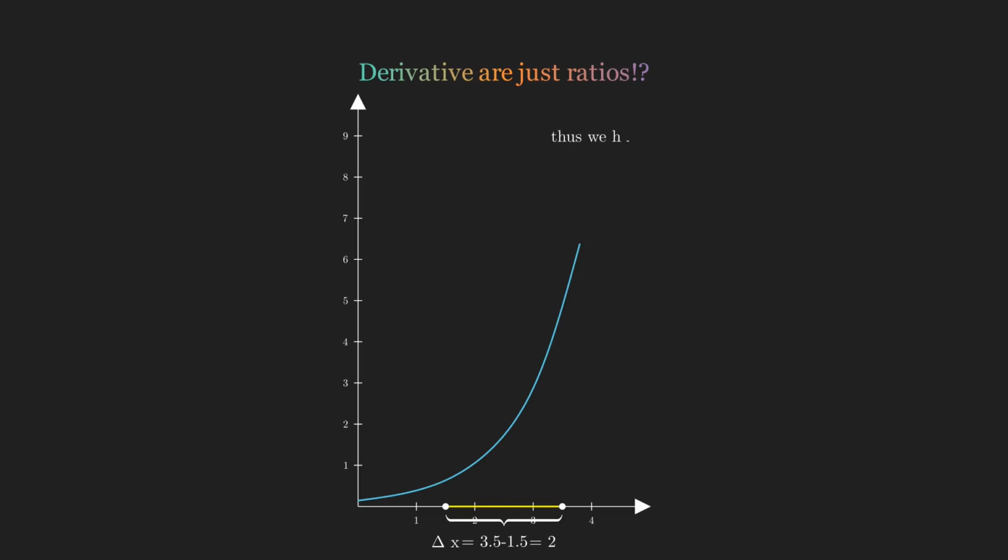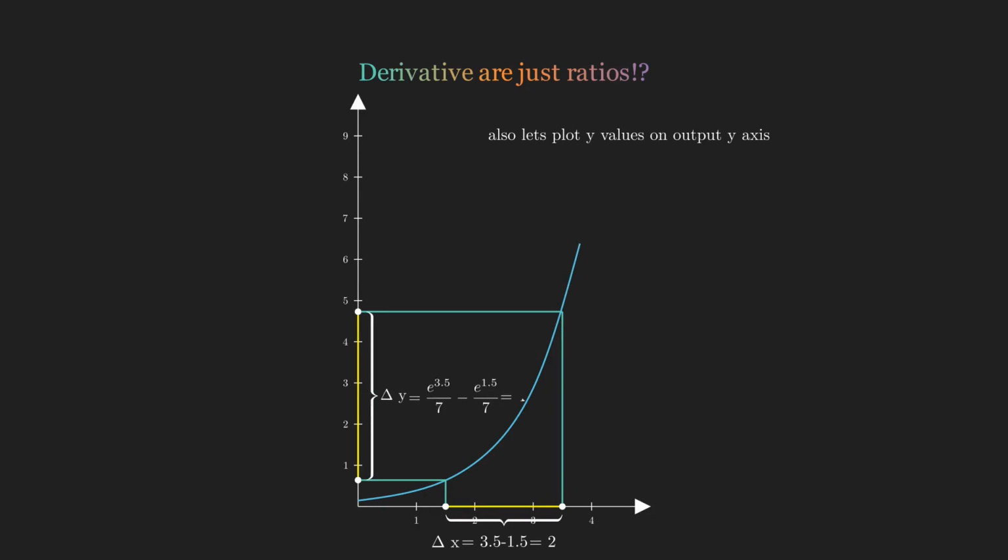Thus we have delta x of 2 this time. Also, let's plot corresponding y values on the output y-axis. This gives us a delta y of approximately 4.